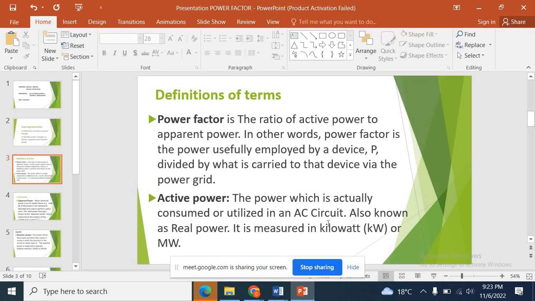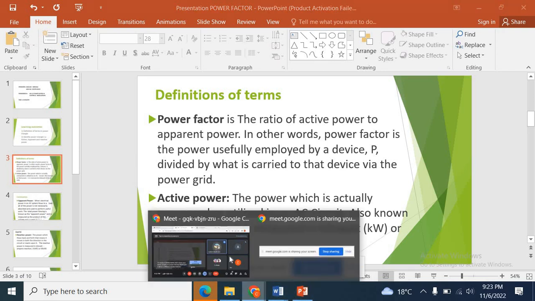Can somebody tell us the meaning of power factor? Who has an idea of what power factor is? Maybe I can try.